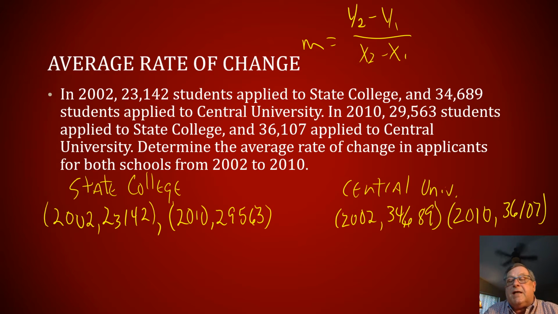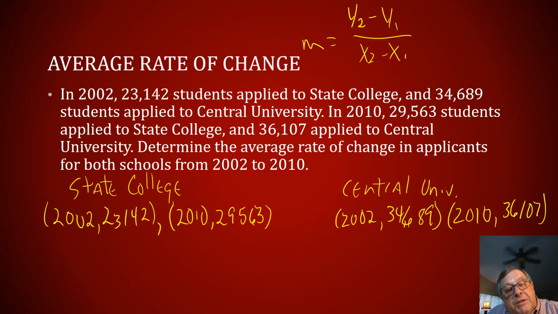And you might notice that I wrote that information in the form of an ordered pair, where the x-axis would be our number of years and the y-axis would have the number of applicants if I were to actually plot that on a coordinate plane. And in writing it as such, I can use my slope formula to determine the average rate of change. And so let's go about doing that.